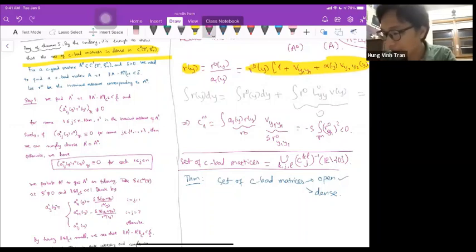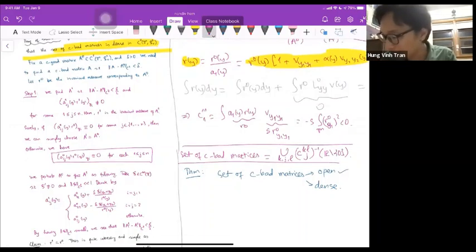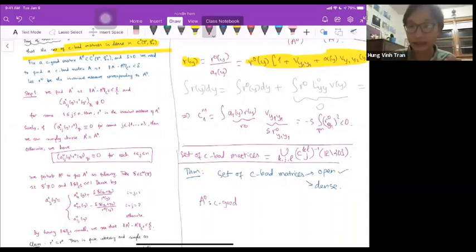So the idea is that we start with A naught, which is C-good. Then the goal is to find a nearby matrix which is C-bad. The proof consists of two steps.